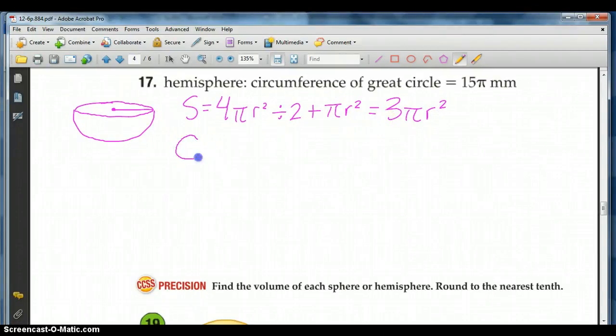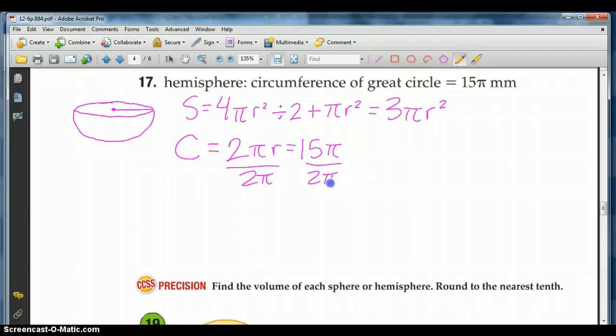So the circumference, we are told, is 15 pi, where circumference is 2 pi r. So if we solve this for radius, divide by 2 pi, and half of 15 would be 7.5, which is our radius.